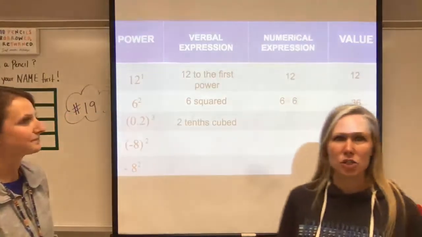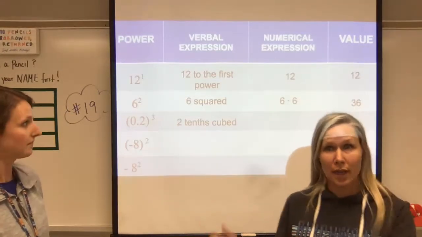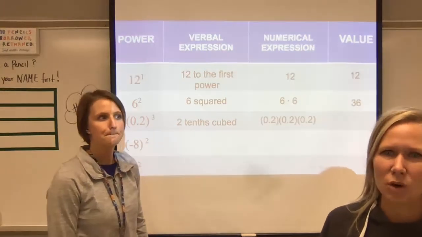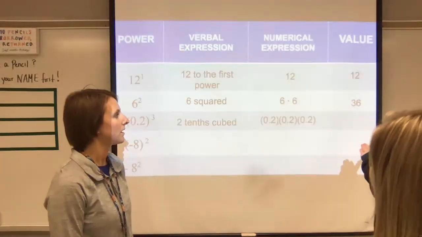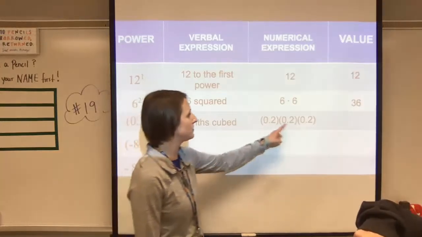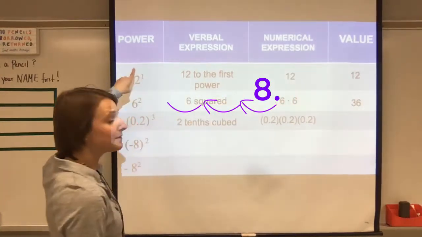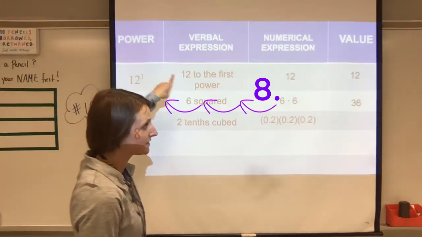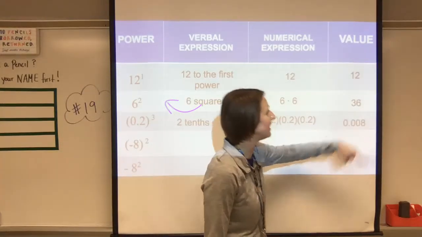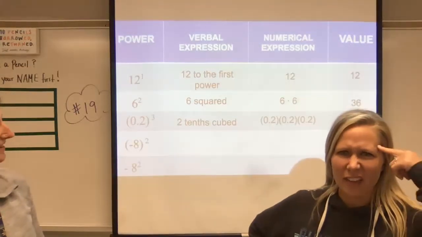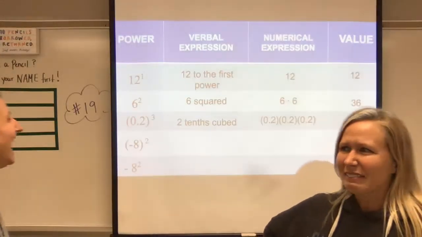That just means 2/10 times 2/10 times 2/10. We'd probably need a calculator for this one. Well, I know 2 times 2 is 4, times 2 is 8, and then I'm going to move the decimal point 3 places to the left, which gives me 8 thousandths. Ooh, I like that way to do it in your head. That's better than a calculator.